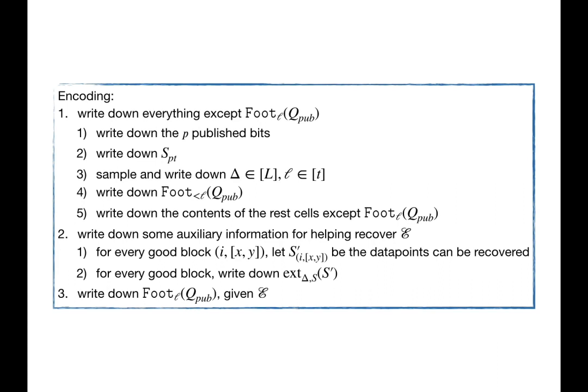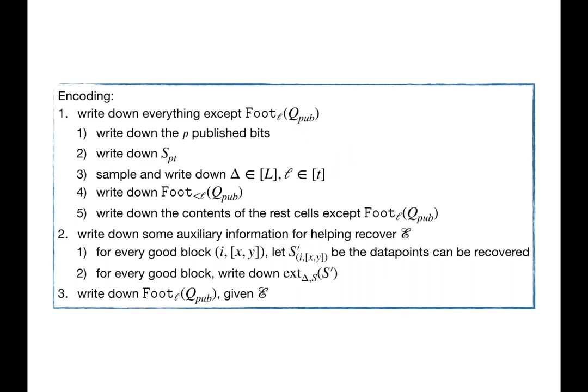Now, we are ready to show the compression procedure. At the first step, we write down everything except the cells probed in the L-th round by QPUB. In order to do so, we write down the published bits and write down some bits to inform QPUB.